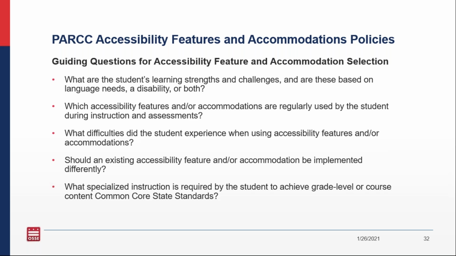Which accessibility features and/or accommodations are regularly used by students during instruction and assessment? What difficulties did the student experience when using accessibility features and/or accommodations? Should an existing accessibility feature or accommodation be implemented differently? And what specialized instruction is required by the student to achieve grade level or course content Common Core standards?